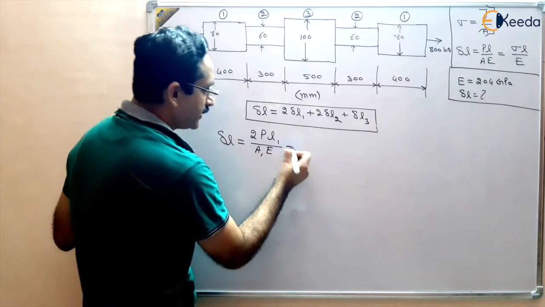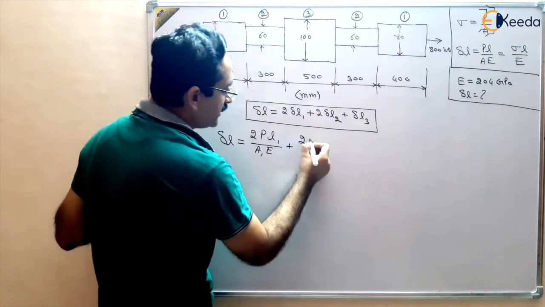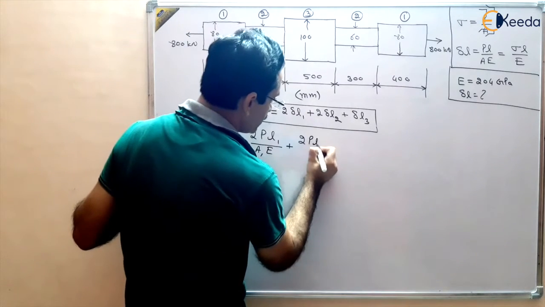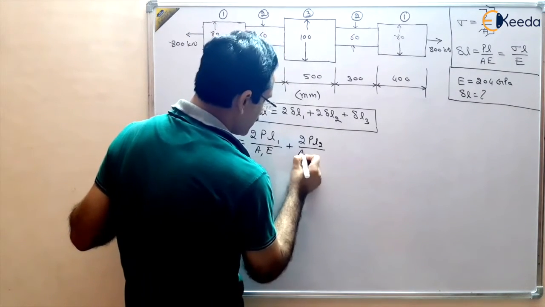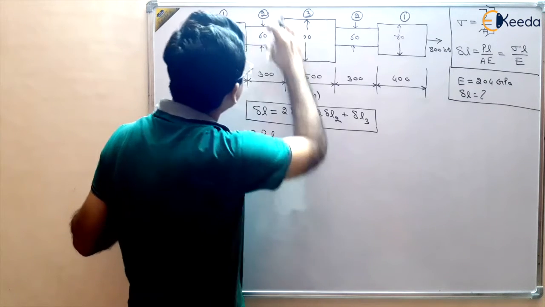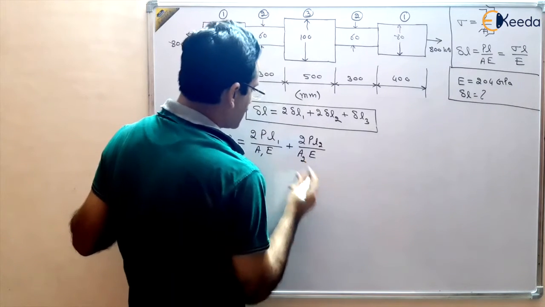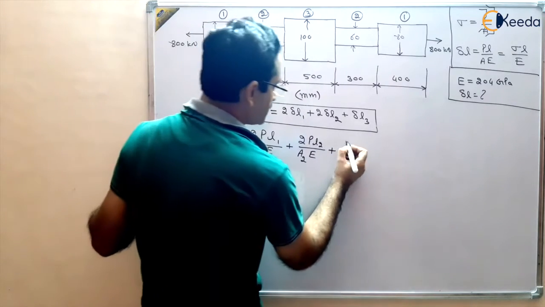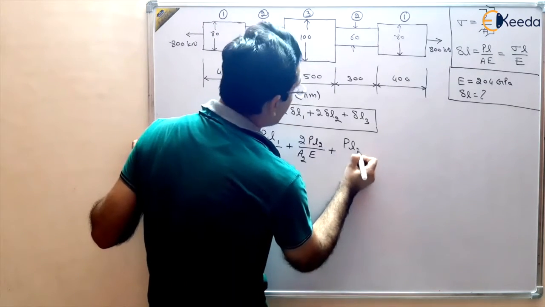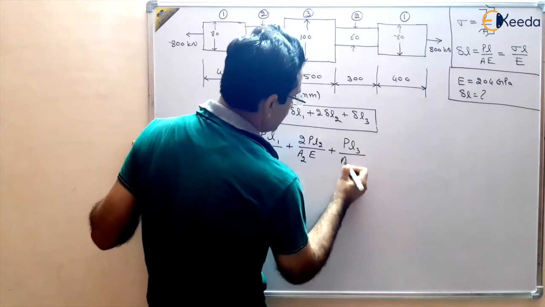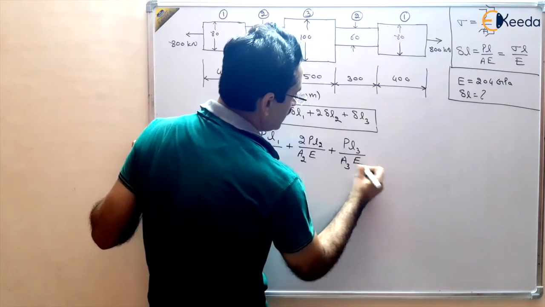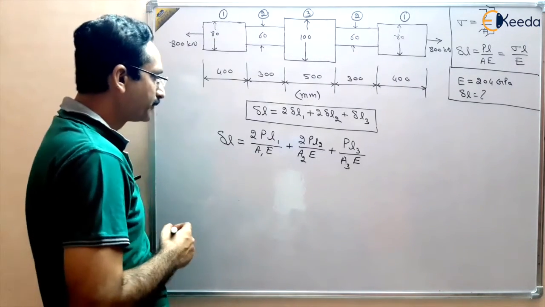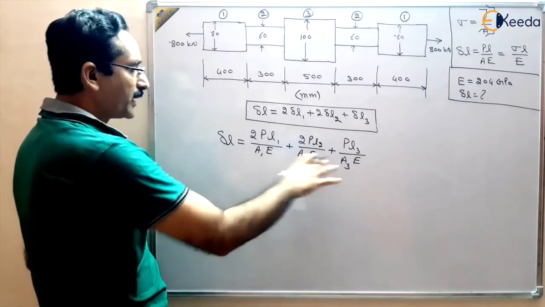Plus 2 times P, which is the same for each section, L2 is 300, upon area A2 and E. Plus the third section, P the load is the same, L3 is different, area is different, and E is the same, steel, right? So this is the total change in length of the bar.